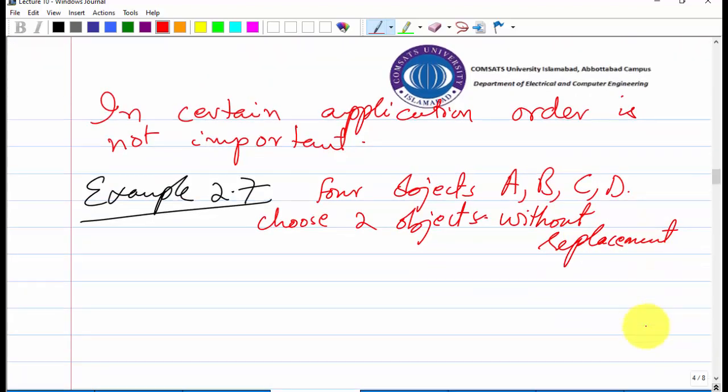It means that whenever we choose one, that object will not be chosen again. And order is not required, so we will just put them in alphabetical order.